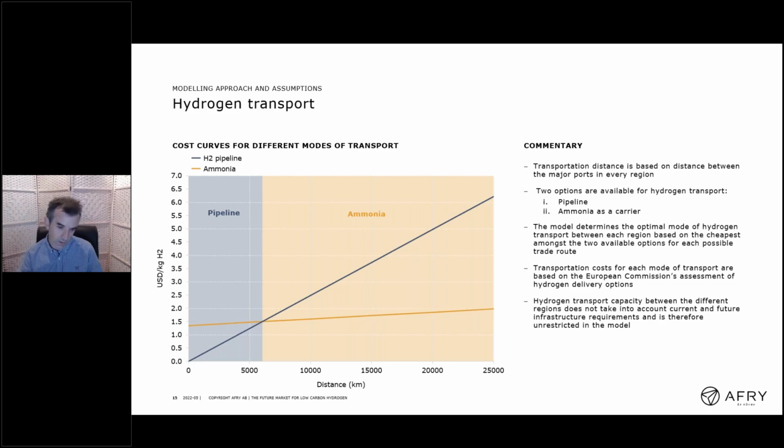And we reflect this for shorter distances and where a pipeline is available, for example, from North Africa into Europe or within Europe in particular.